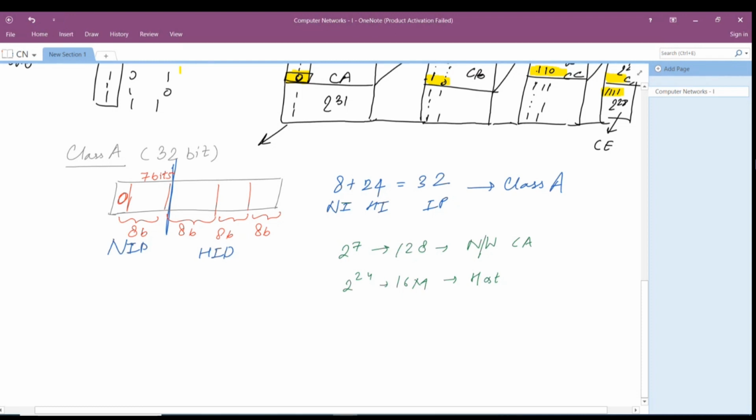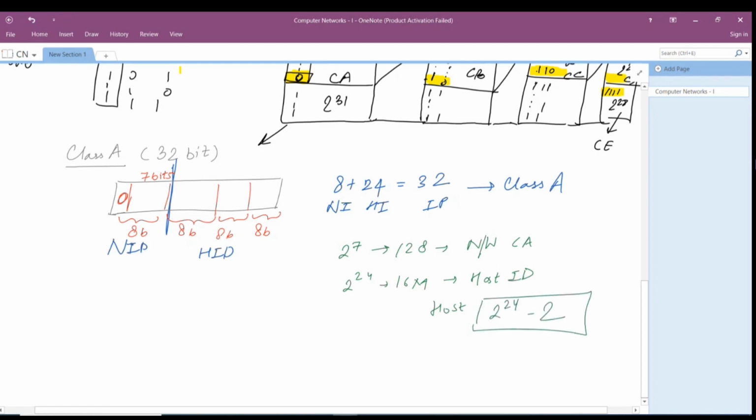But the catch is that you can have 16 million host IDs, but the number of hosts we'll be able to have is 2 to the power 24 minus 2.